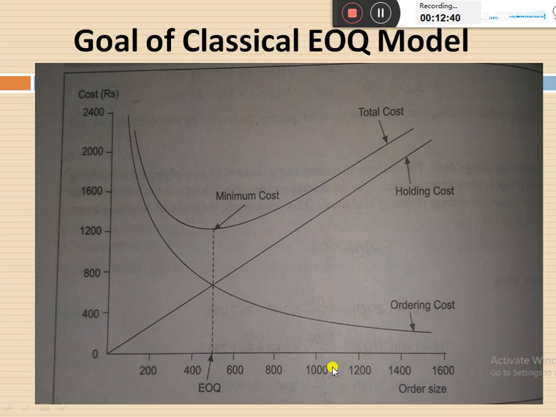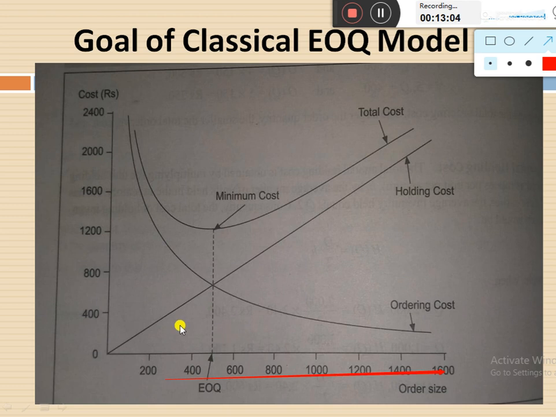As the order size increases, the ordering cost curve slopes downwards. It means the ordering cost reduces. With the increase in order size, the ordering cost would reduce.